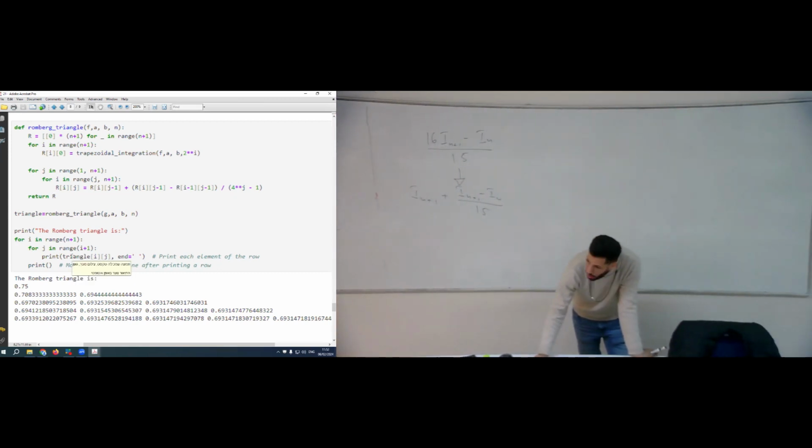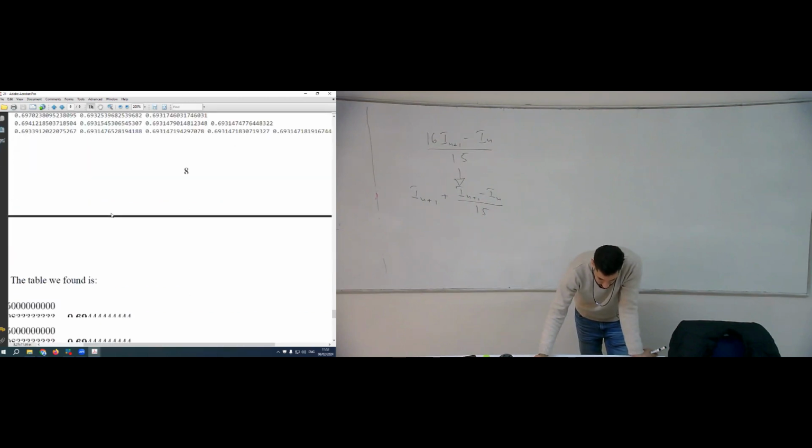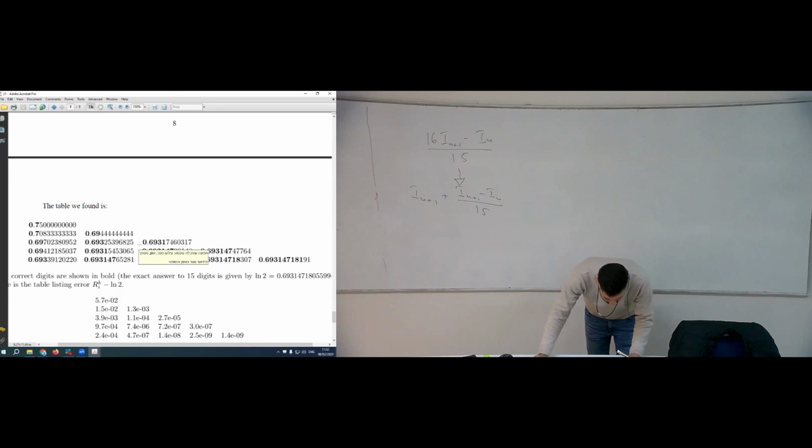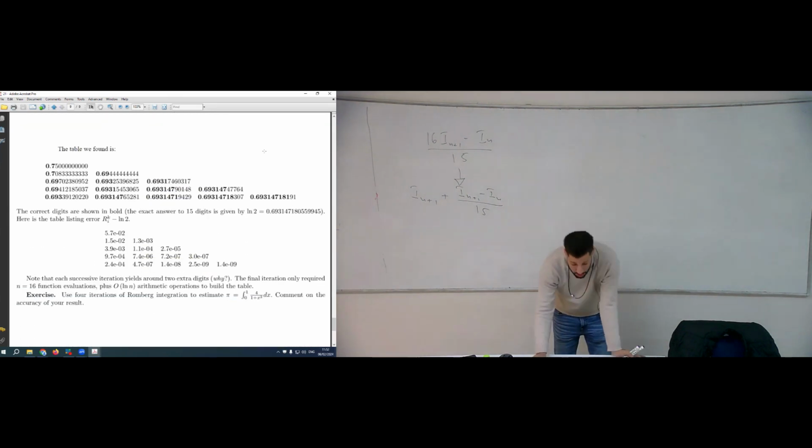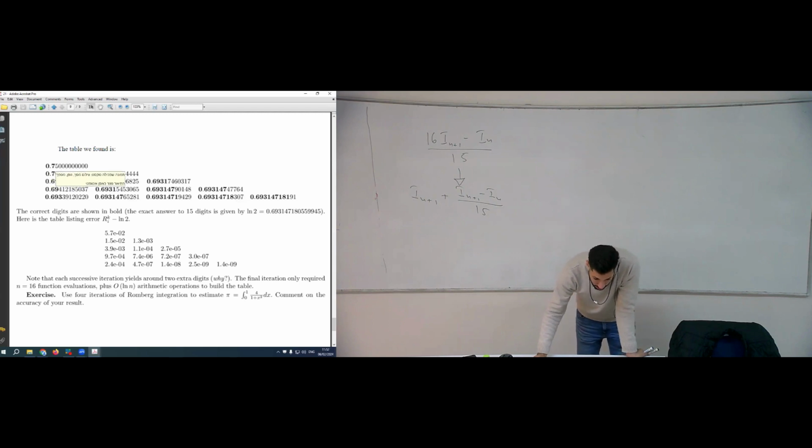So I print only these values, and this result I write here, and compare with the original result. So the exact value of ln 2 up to 15 digits is this, and you can see in bold the digits that are true.